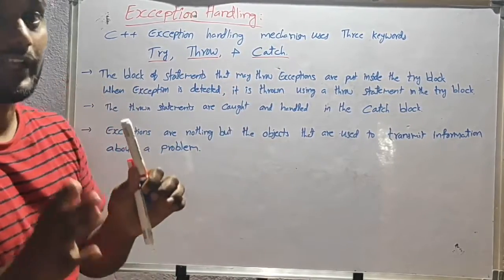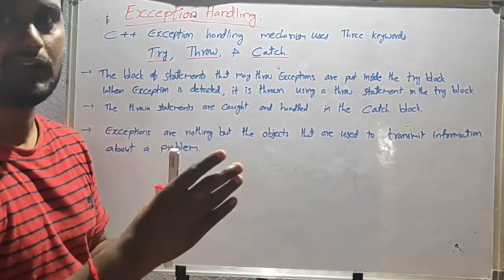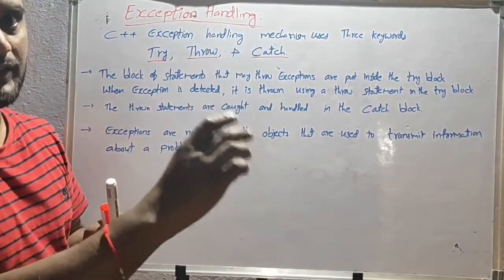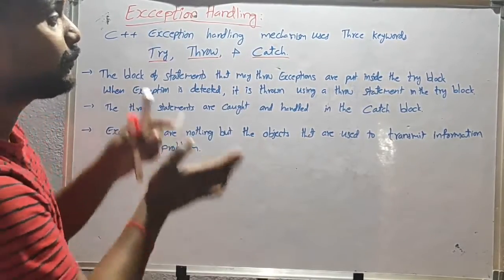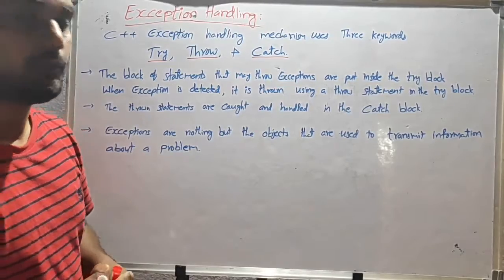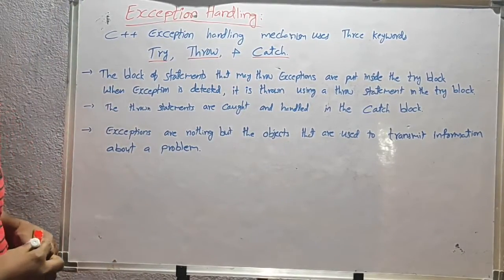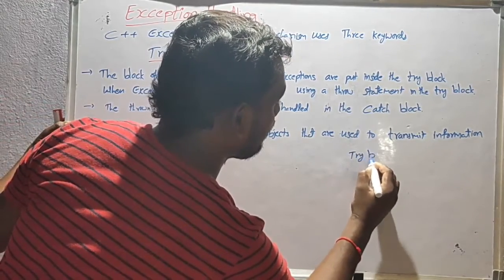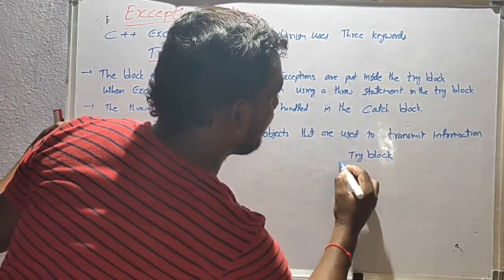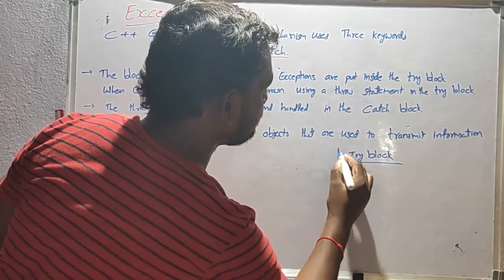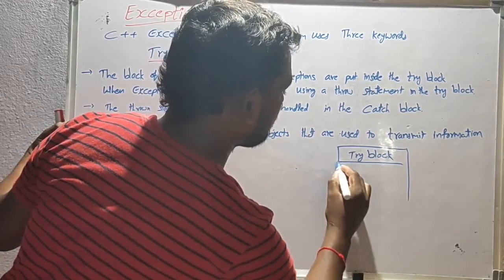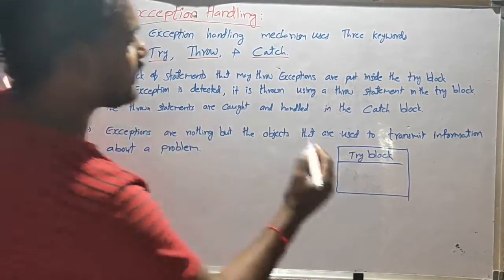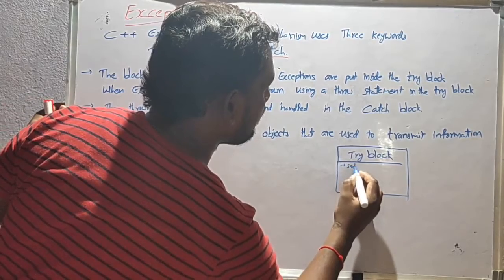Whatever exceptions may occur, that set of statements can be put in a try block. We use the try block section like this, and in the try block we may have a set of statements.